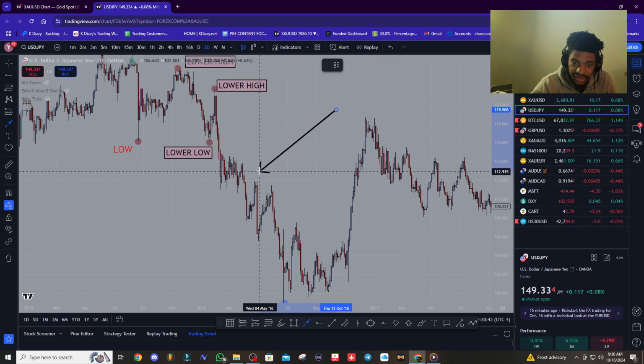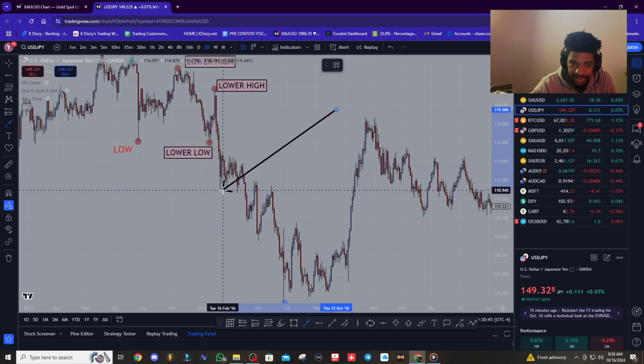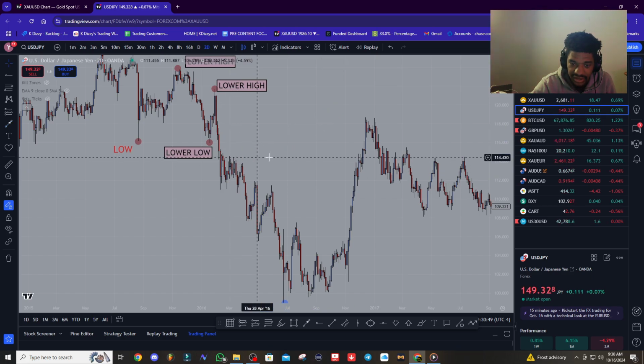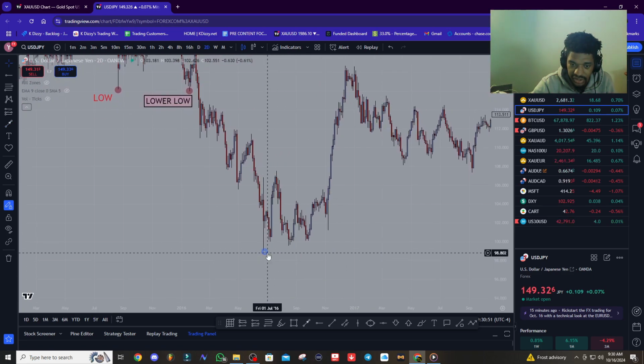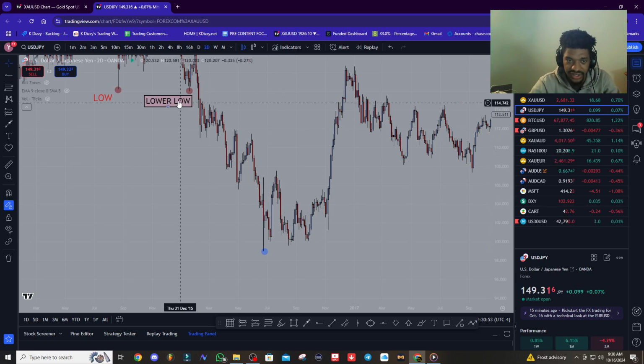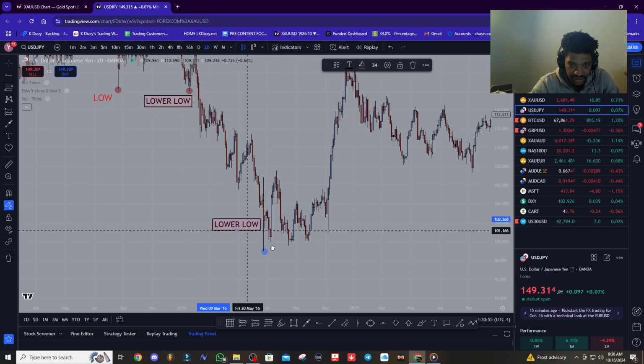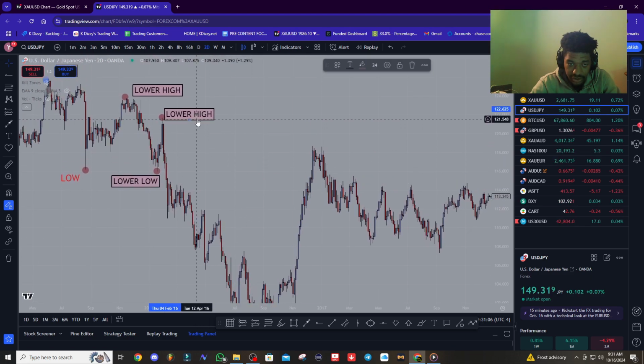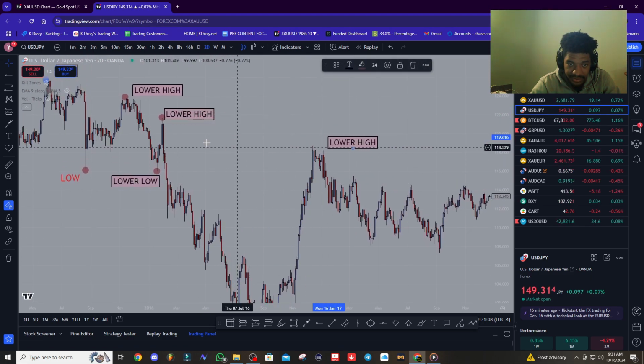So what I'm getting to is, okay, instead of putting this as another low and this as another lower high, let's just go all the way down to the lowest point, right? And just put this as a lower low, and it pushed all the way up to here and then came back down. But we can just do this as a lower high.